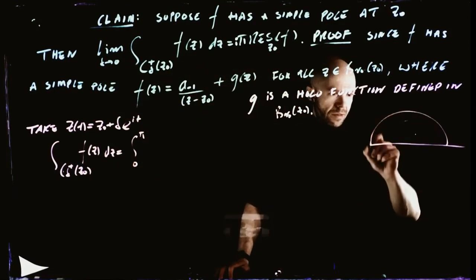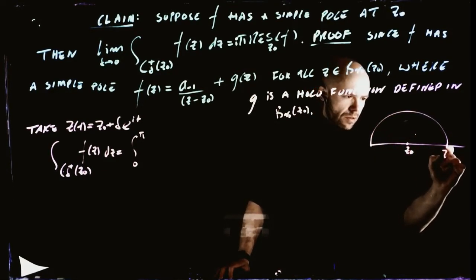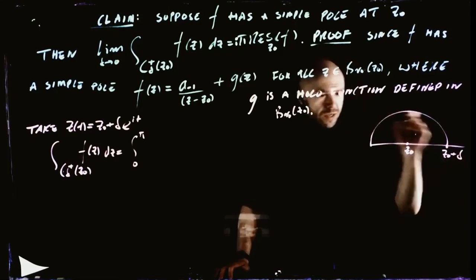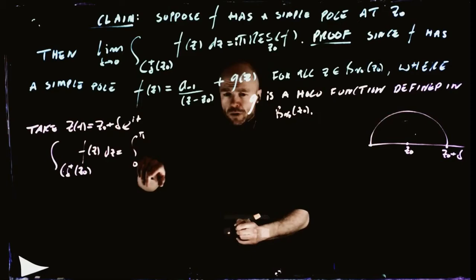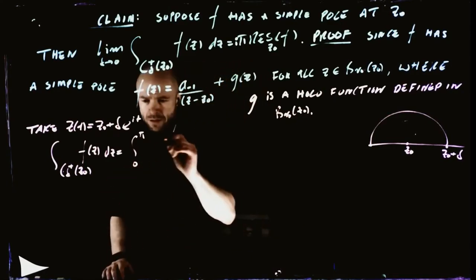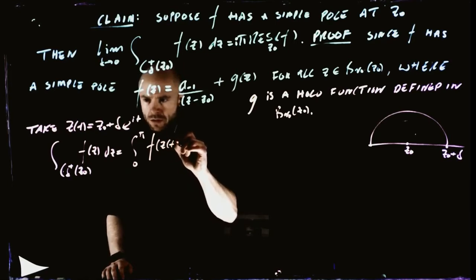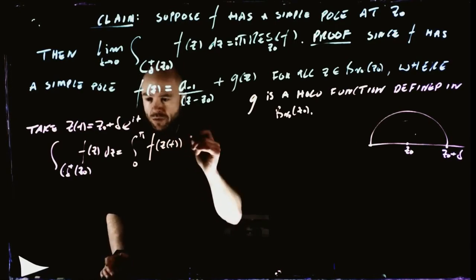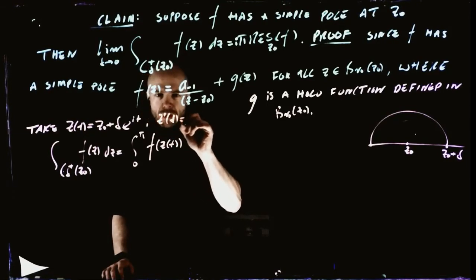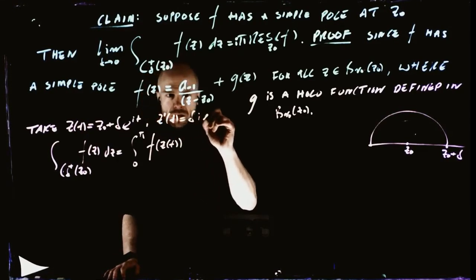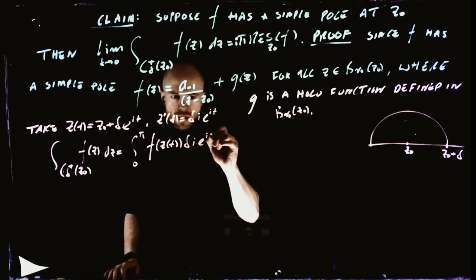So we're going like this to this. Start here. Right, so this is z0 plus delta, and we end up over here. So this guy is just integrated from 0 to pi. Then we're going to have f of z(t), and then z prime of t. Z prime of t is equal to delta i e to the it. So delta i e to the it.